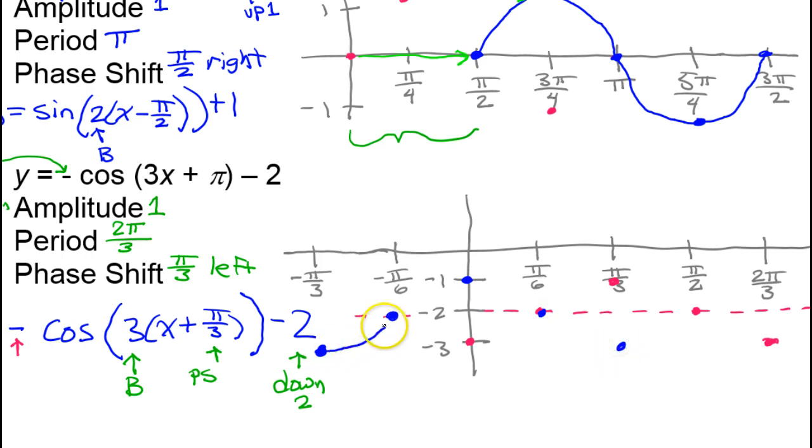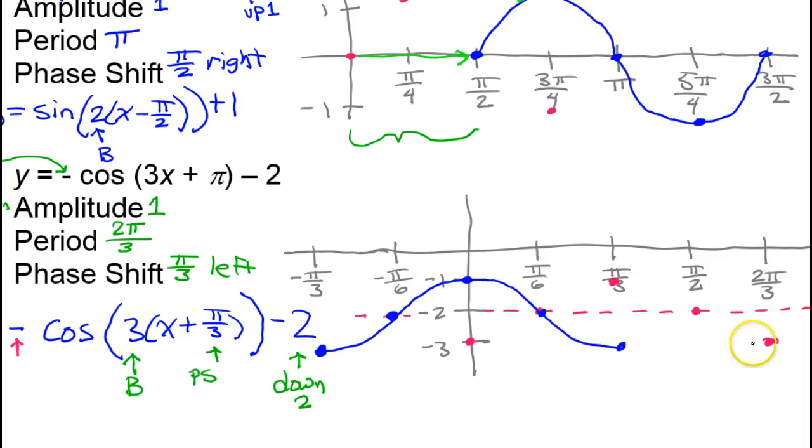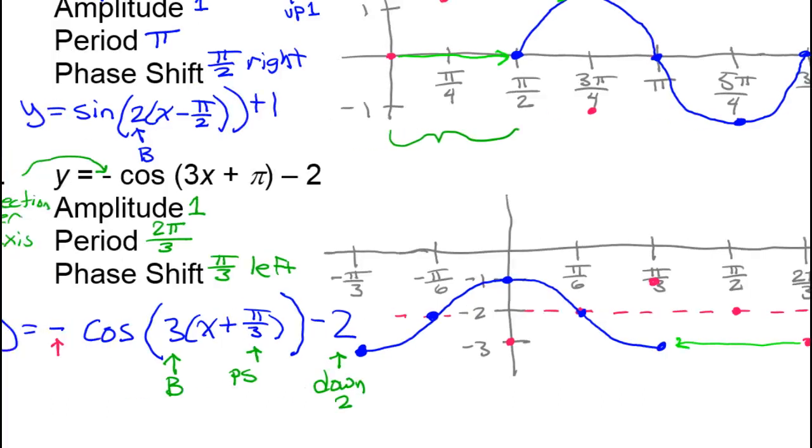So this is what the final graph should look like. Okay, notice one more time that all I did was I took each one of these points and I moved it to the left like this by pi over 3. And I noticed that pi over 3 has a width of 2 of these marks. So each one of these points, like this point here at the end, 2 jumps to the left, and that's what happened. All right, that is it for problem number 22.